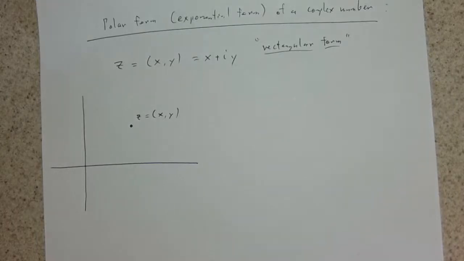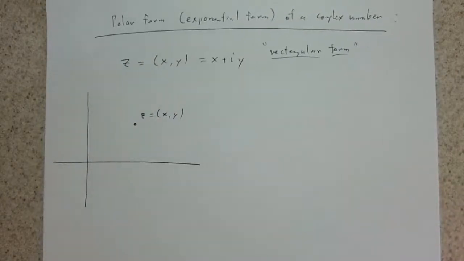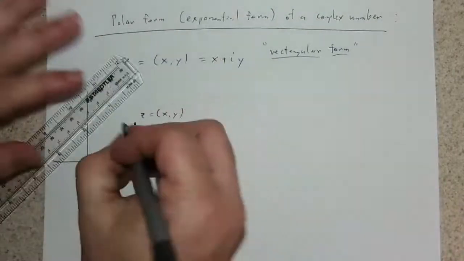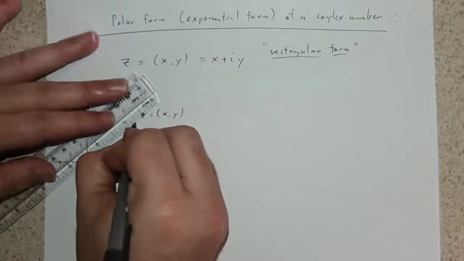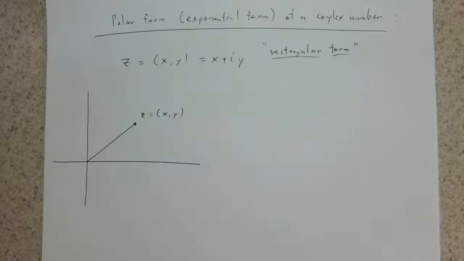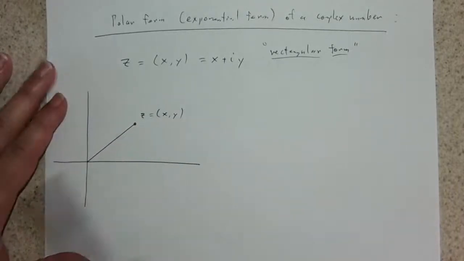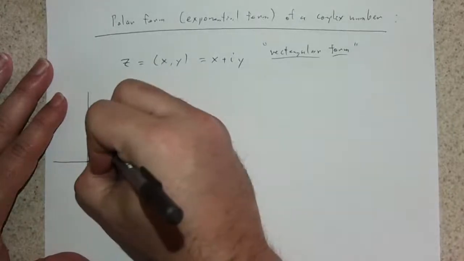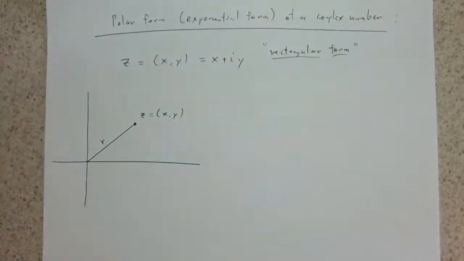Okay. Well, you have been exposed to, at some point in your math career, the notion of polar coordinates. What's polar coordinates? Well, associated to this complex number z, this ordered pair xy, there is a length. Right? This length is typically written as little r here.